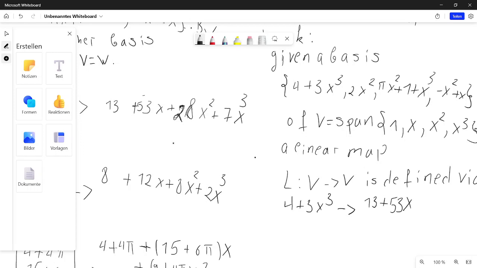1353x plus 28x squared plus 7x to the power 3.